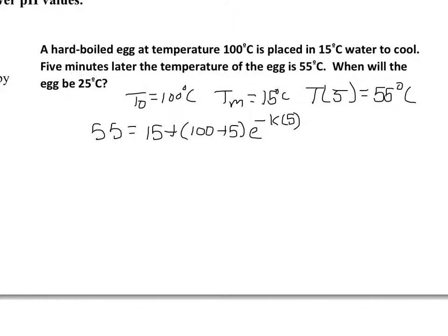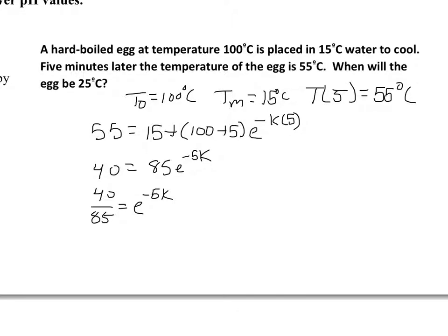So subtract the 15, and you get 40 equals 85e^(-5k). Divide by the 85, so you get 40 over 85 equals e^(-5k).